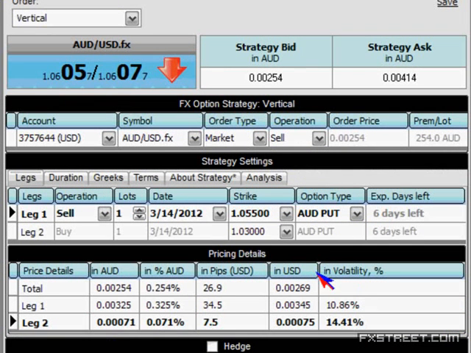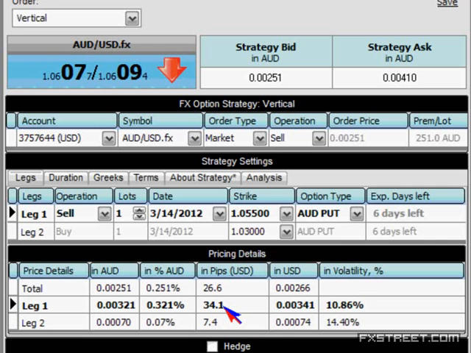Okay. So we have the 105.50 put against the 103 put, and if you were to sell that 105.50 put for 34 pips and pay 7.4 for this 103 put, you're collecting about 26 pips total, and you're completely capping your risk at about 225 pips.